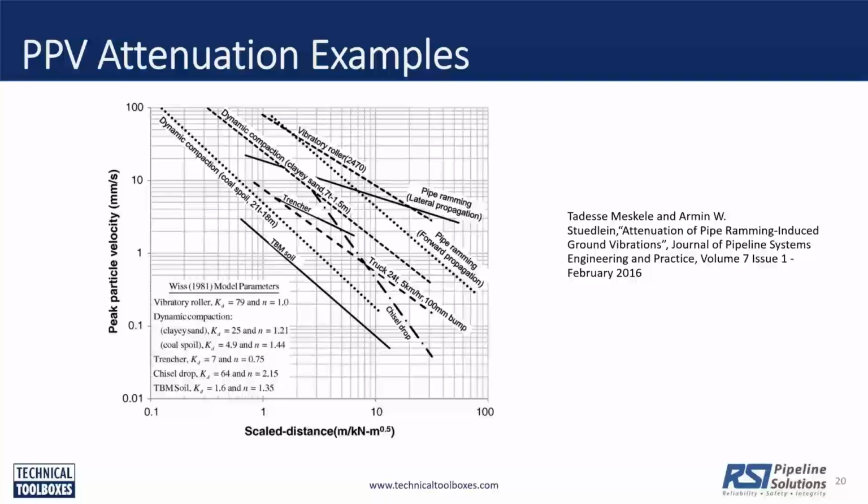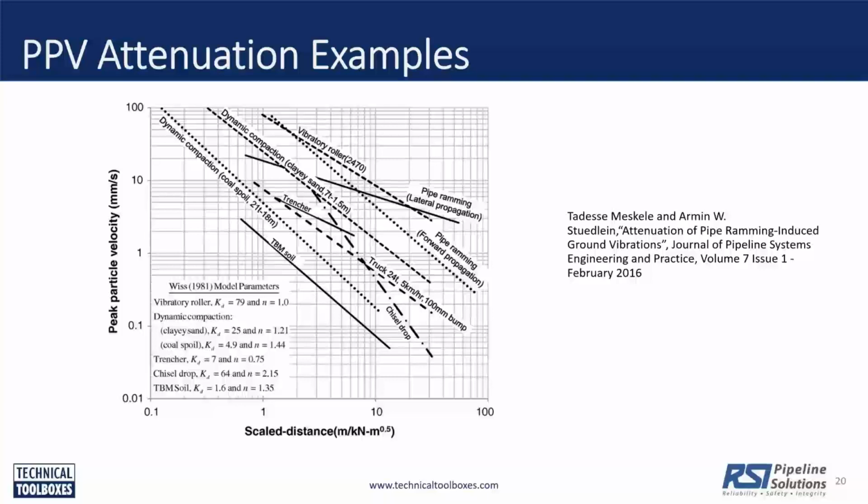So that's a measure of the distance from the source to the pipe, and it's normalized by the amount of energy. That's why it's called scaled distance. If you know the type of the equipment, you can calculate the scaled distance. And there are charts like this that give you the peak particle velocity.